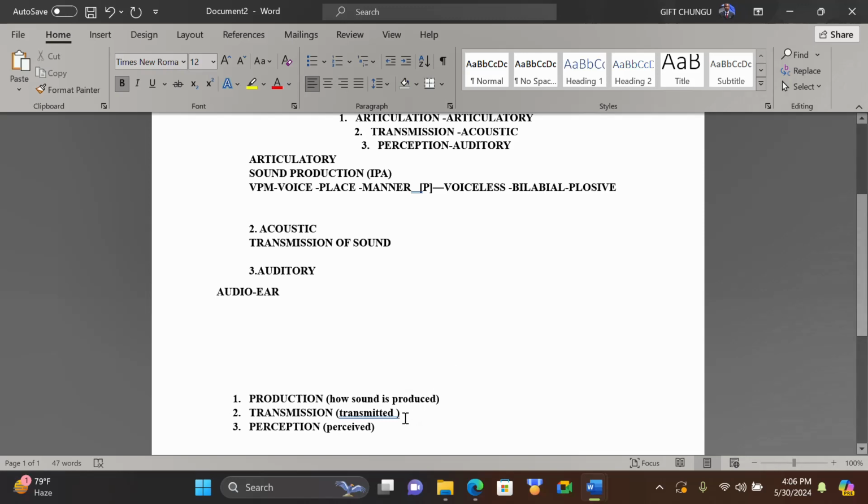And then when sound is produced, it should be transmitted. That is acoustic phonetics. When it is transmitted, it should reach someone's ear.